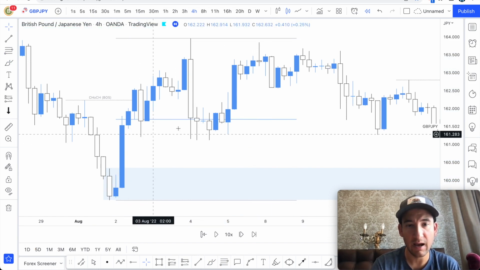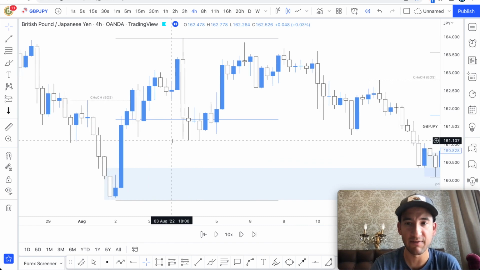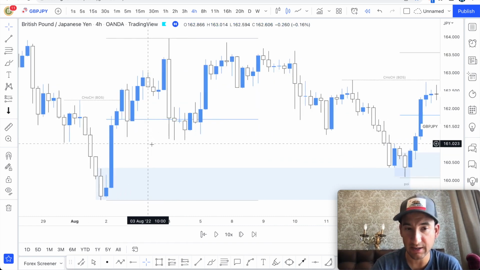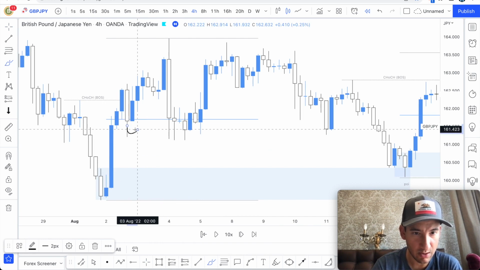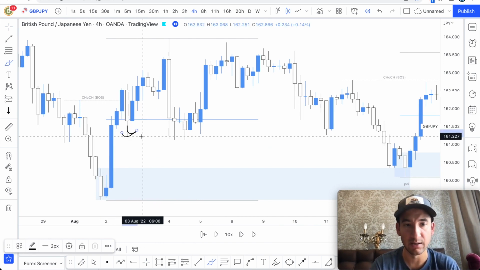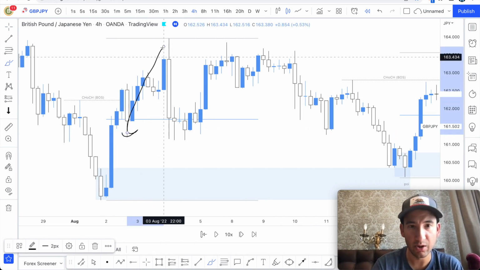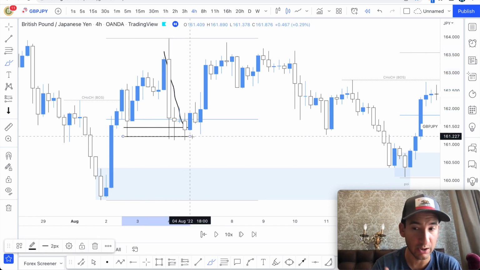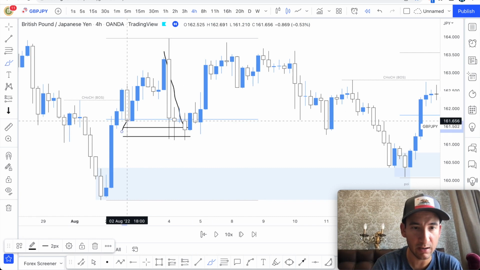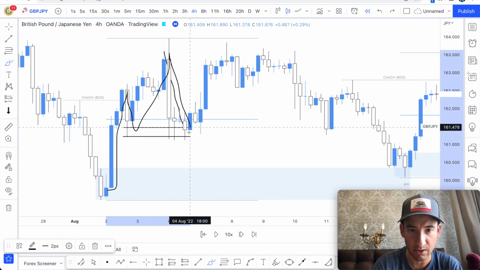Look at that. Now, here's the very interesting fact. We are in our discount, only because this low here left from our discount area. So when we're looking to buy this, we are intentionally looking to buy price at the very low. There's a low, there's a high, there's a low, there's a high.